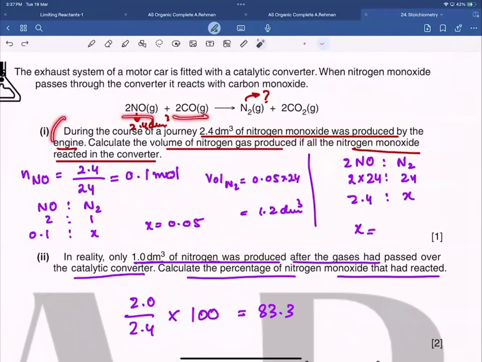But if you read the comprehension, out of these 2, how many reactants' amount is given to you? Only 1, for nitrogen monoxide.